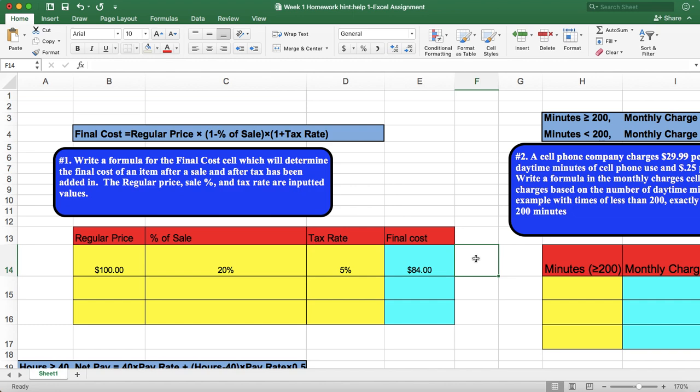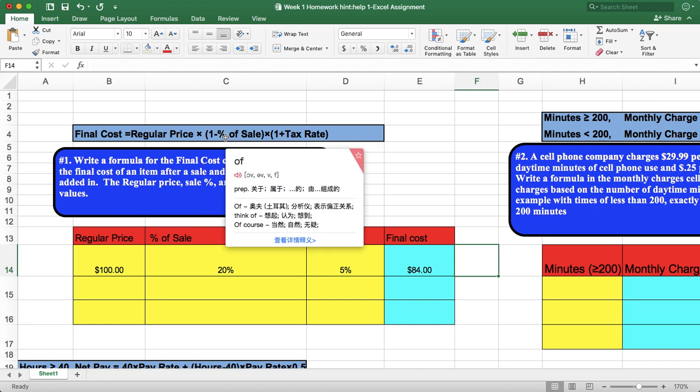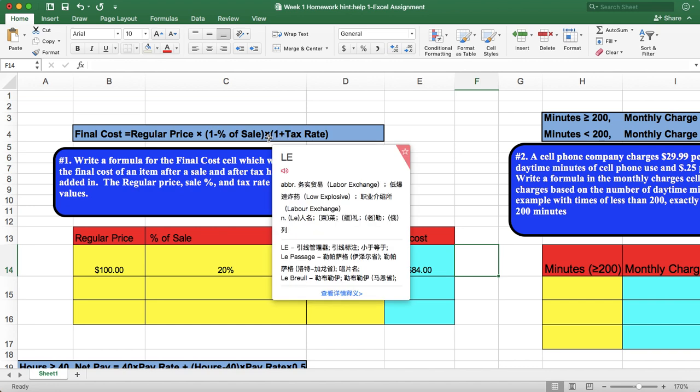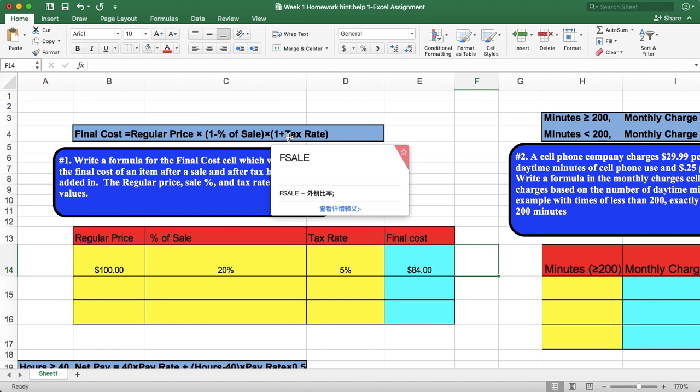But here we need to generalize this process of calculation into a formula like this: final cost equals regular price times one minus the discount rate, how many percent off, times one plus tax rate.